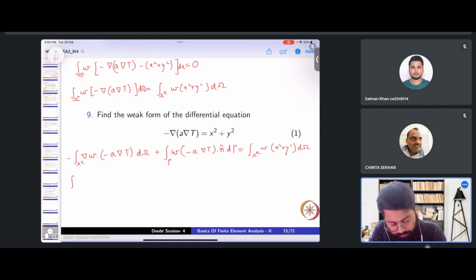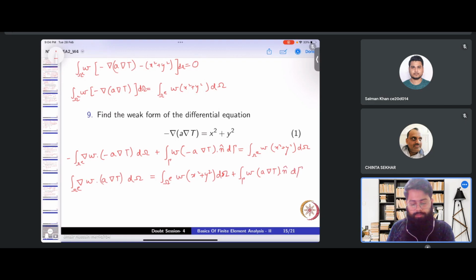So we are left with the integral of gradient W times gradient T d omega equals the integral of W times (x square plus y square), and then we have our boundary term. So this is how we get a weak form in 2D problems.